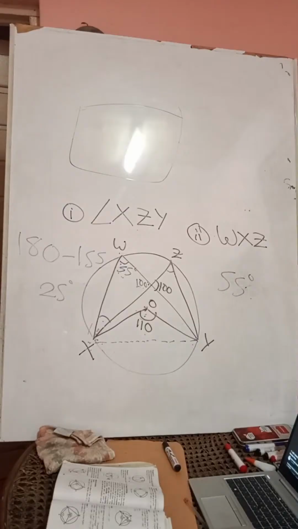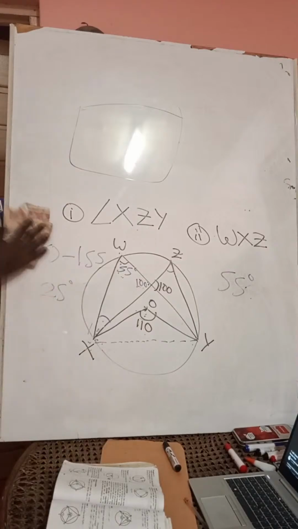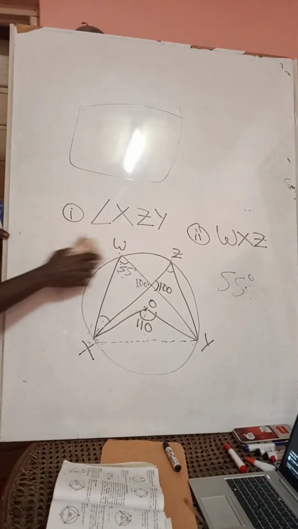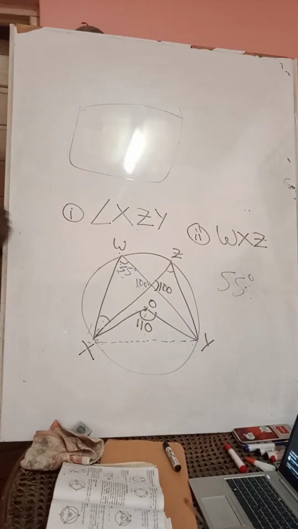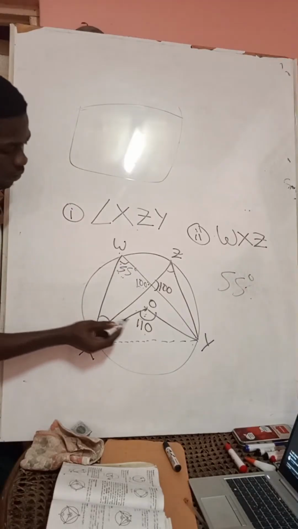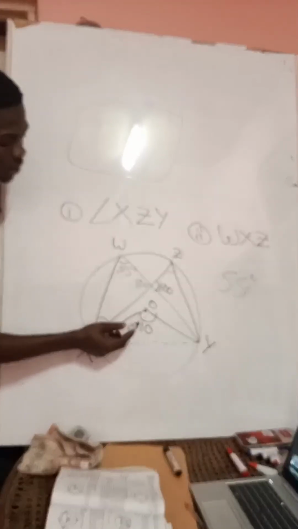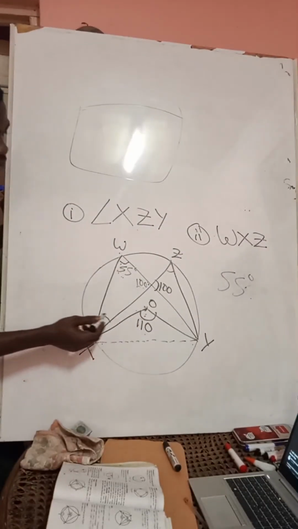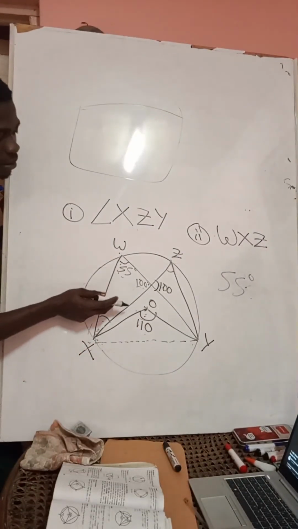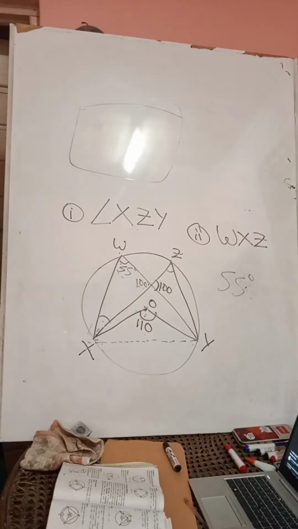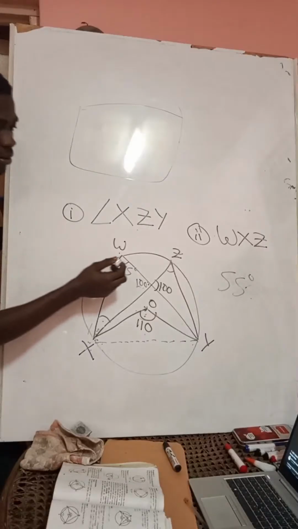Now this is one way someone can solve it, and there's another way someone can solve it too. You can also solve it this way. You see, here is 110 degrees, right? I want us to solve it this way. We can turn the book, and then you realize that you can draw another chord here.